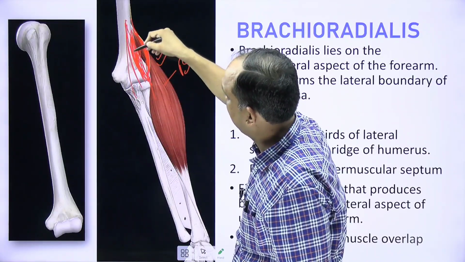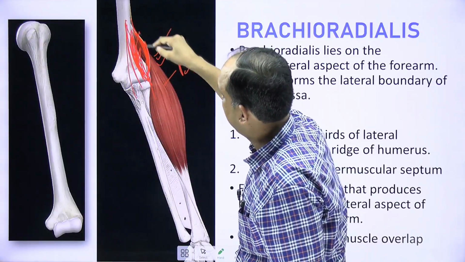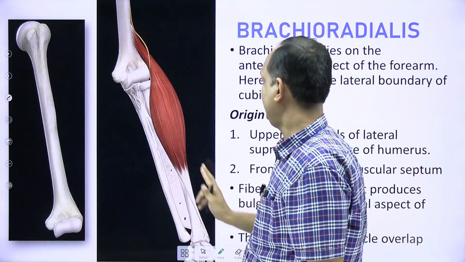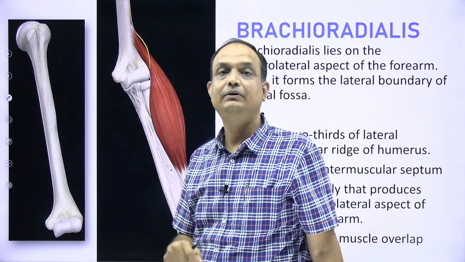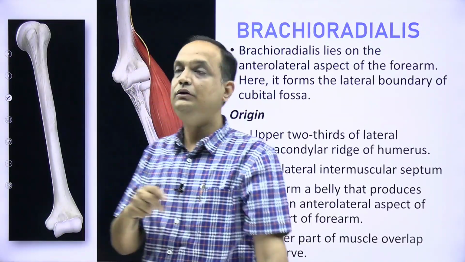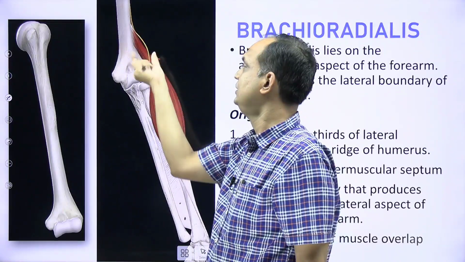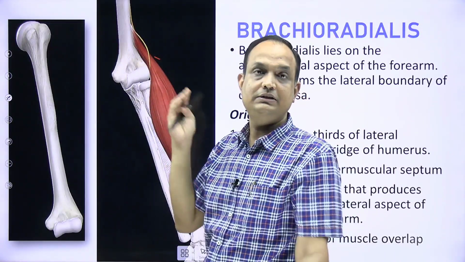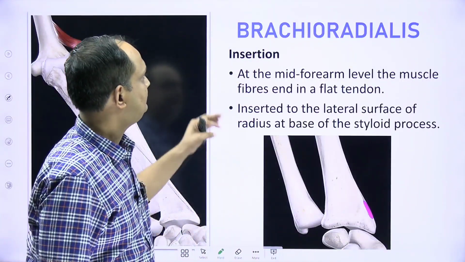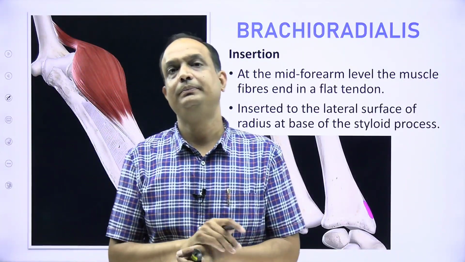The groove between the brachialis and brachioradialis lodges this part of the radial nerve. So this is the important thing to understand: whenever you want to expose the radial nerve on the front, you have to split two muscles, the brachioradialis on the lateral side and the brachialis. Clear?